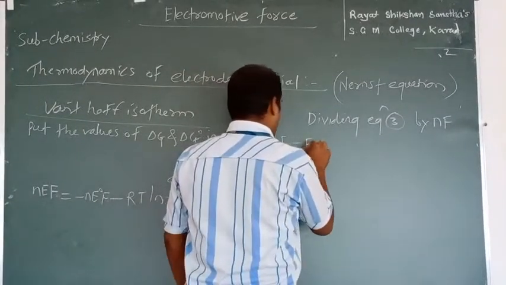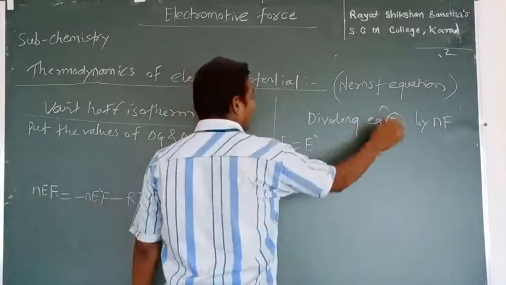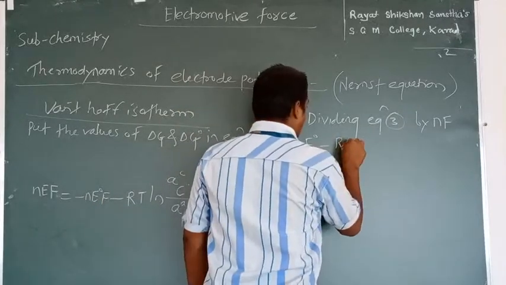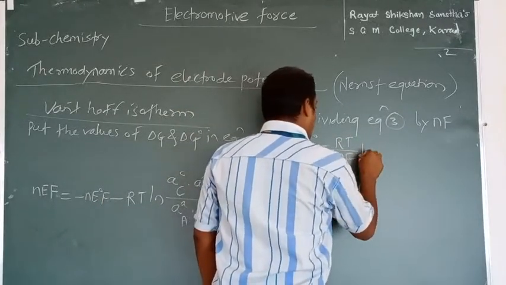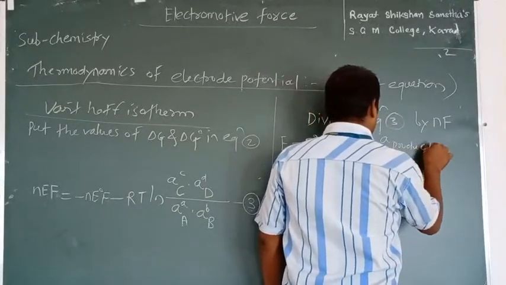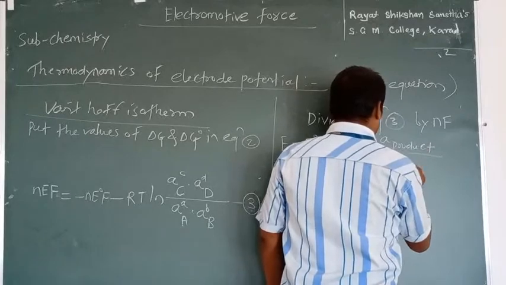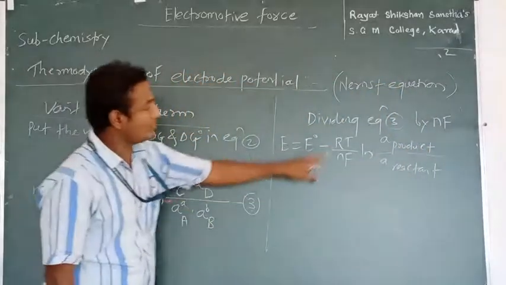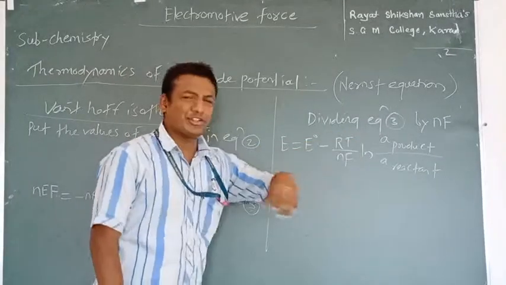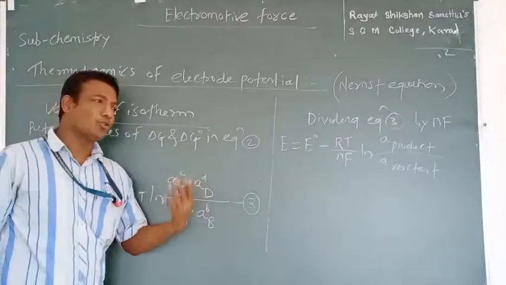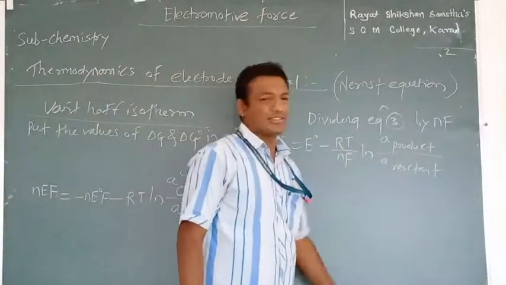E is equal to E0, nF gets cancelled. Here again nF gets cancelled. Minus RT divided by nF ln activity of product over activity of reactant. We can also write it this way. आप इक्वेशन 1 में भी पुट डाउन किया तो भी चलेगा, इक्वेशन 2 में भी पुट डाउन किया तो भी चलेगा. This is the general equation.